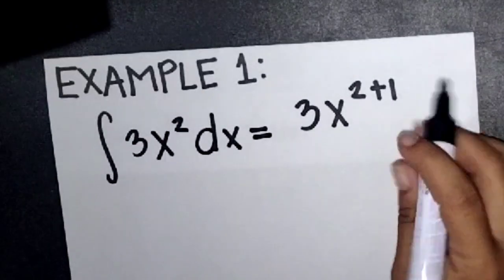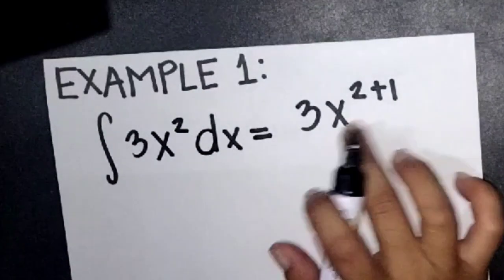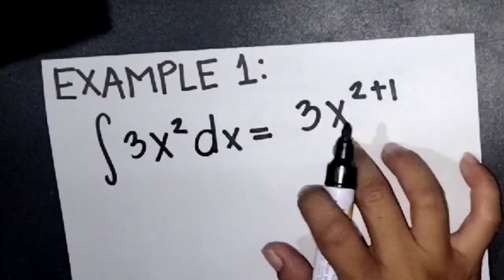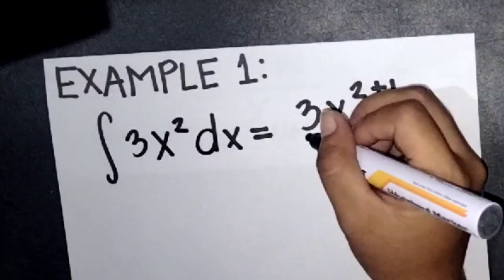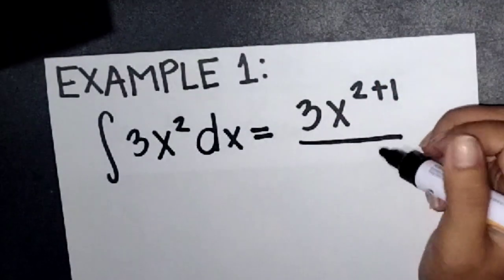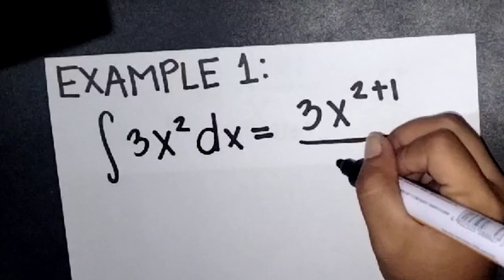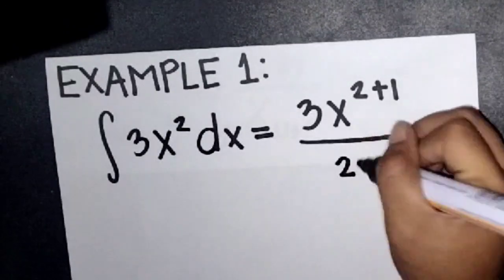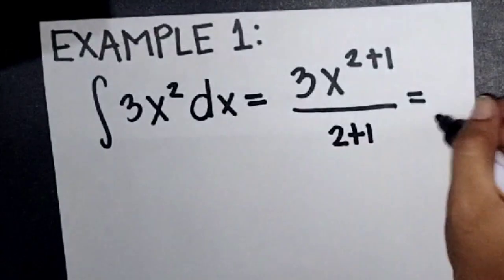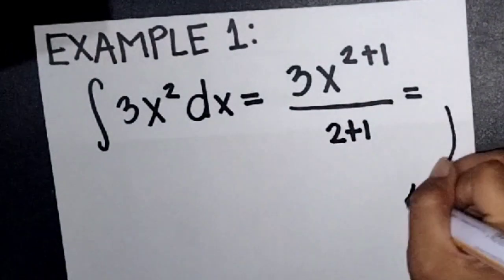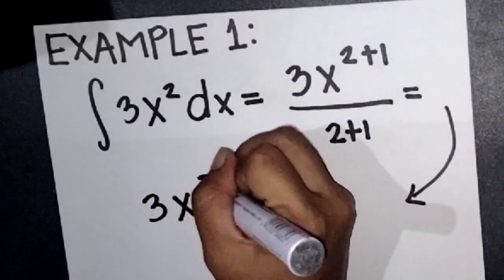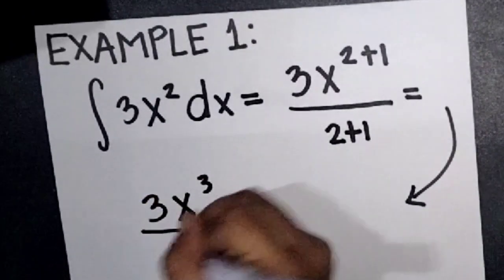We're going to add 1 to the exponent of x squared, so it's going to be 3x to the squared plus 1. Then we're going to divide by the result, so it becomes 3x cubed divided by 3.